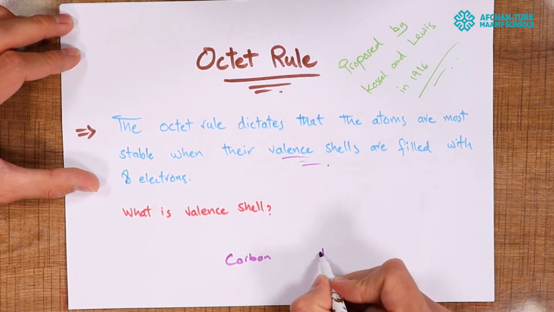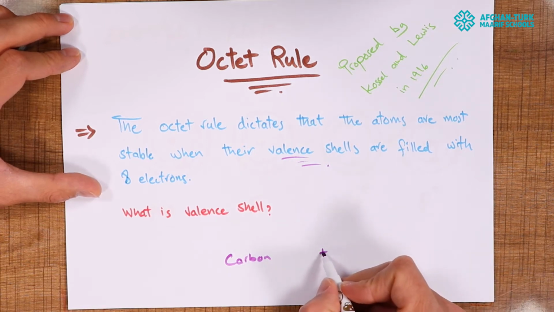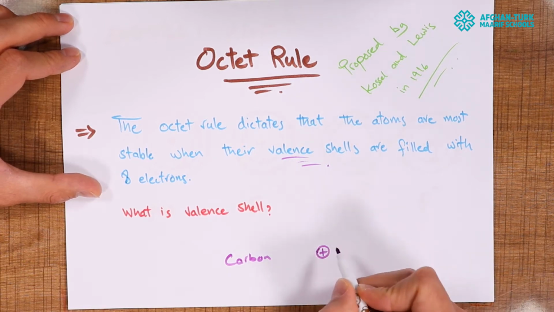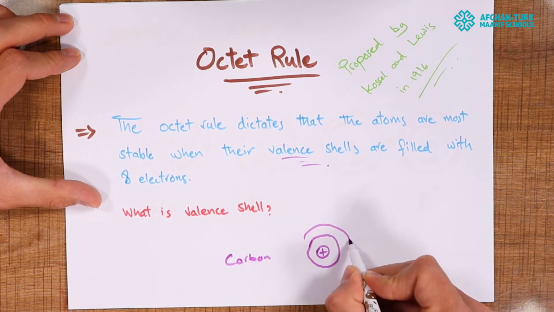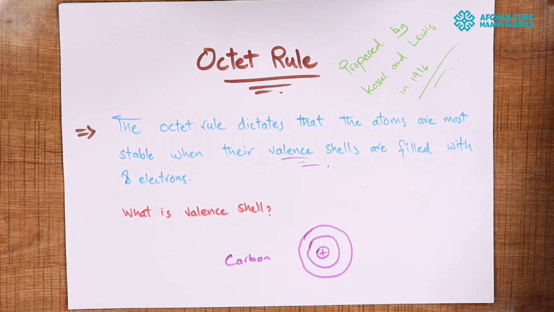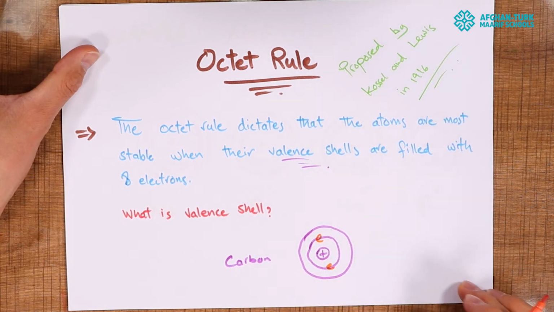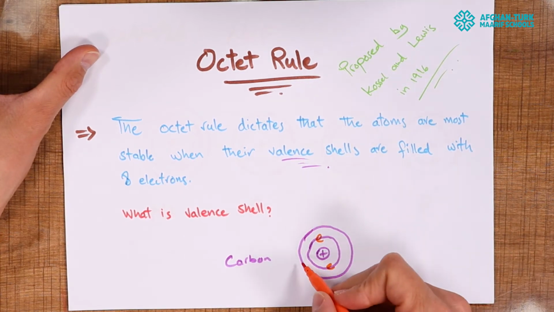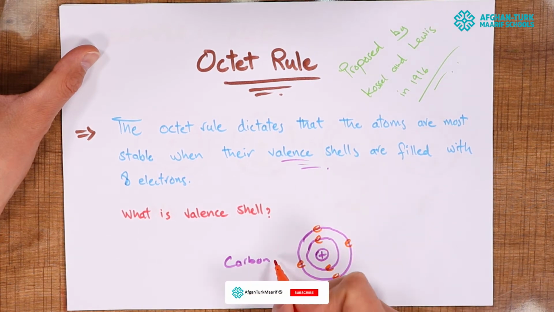We know that carbon has 6 protons and 6 electrons. This is the nucleus. Okay, so this is the first shell and this is the second shell of carbon. The first shell, we know, always contains only 2 electrons, first one and second one, and the remaining 4 electrons are added in the next shell, 1 2 3 4.